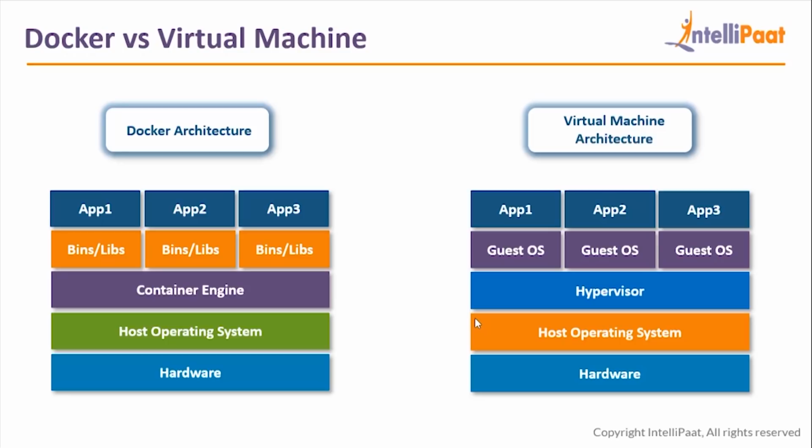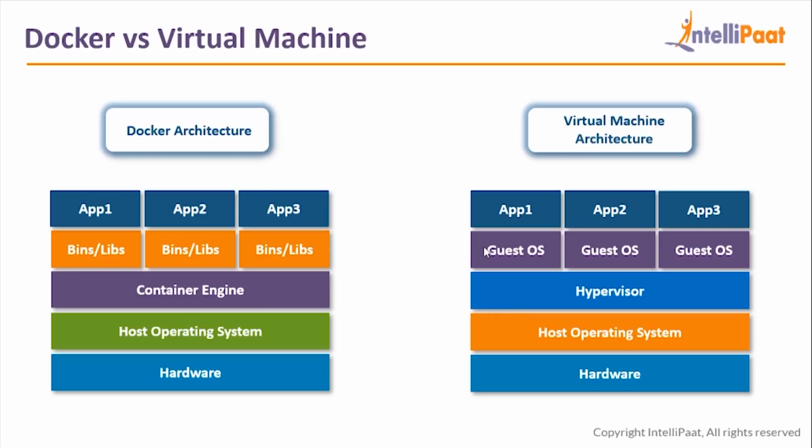Now, on top of the host operating system, you have a hypervisor or a VirtualBox kind of software, which will basically virtualize the hardware from the operating system and give it to the VMs running on top of it, right? So you have a hypervisor software in case of VM architecture, and then you have the container engine software in case of a Docker architecture. Then on top of the hypervisor, you have the guest operating system.